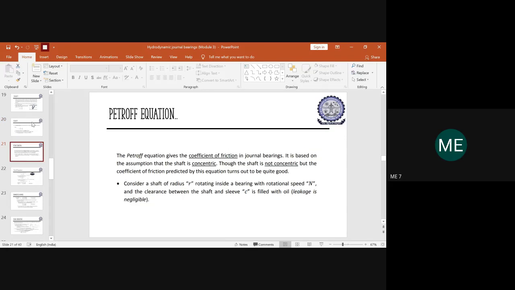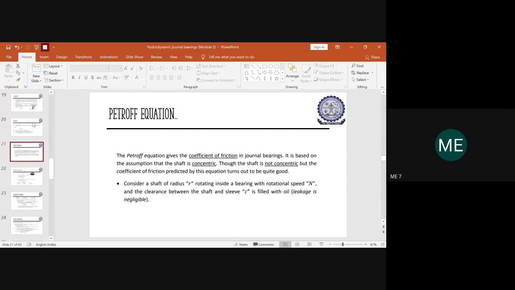So now let us start with the Petroff equation. What do you mean by Petroff equation? We are just deriving an equation which yields the value of the coefficient of friction associated with a journal bearing. You know what you mean by journal bearing, you know what you mean by friction, and what equation we use to determine the coefficient of friction.